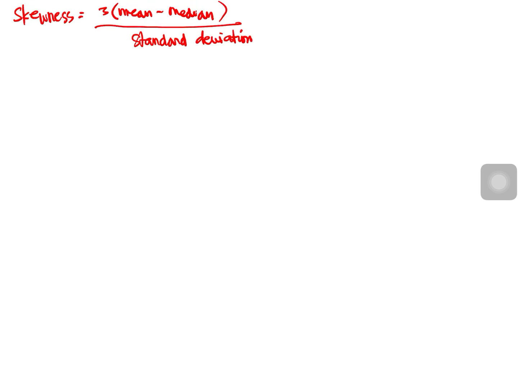Skewness can be positively skewed or negatively skewed. If the mean is greater than the median, then it's positively skewed. If the median is greater than the mean, then it's negatively skewed.